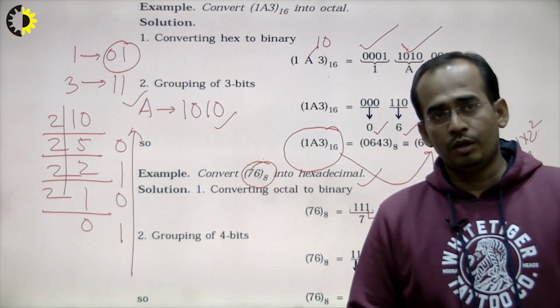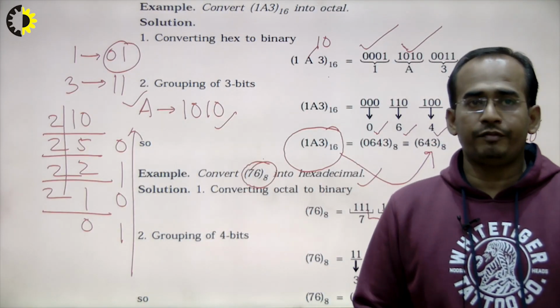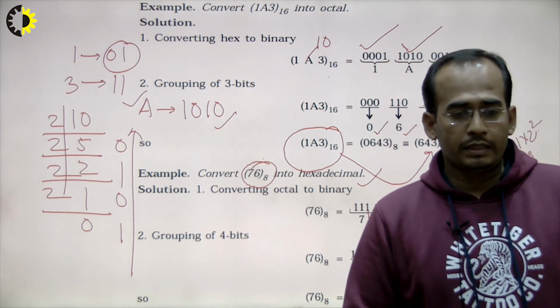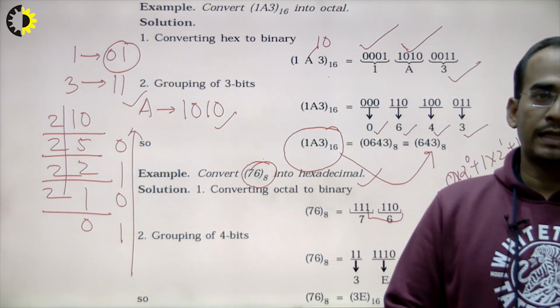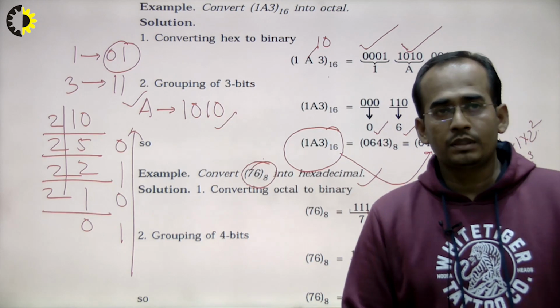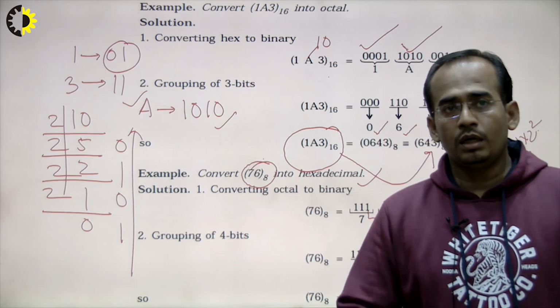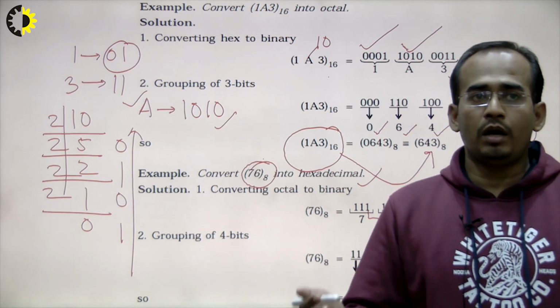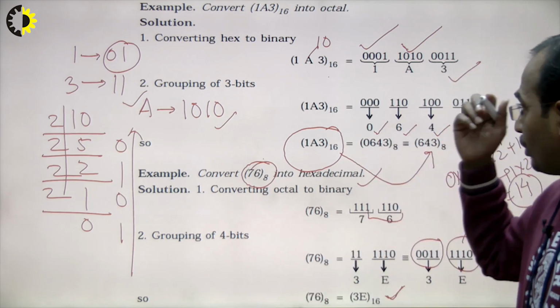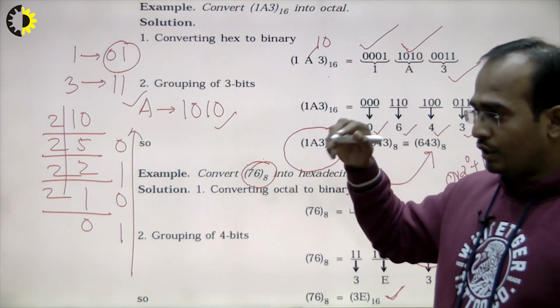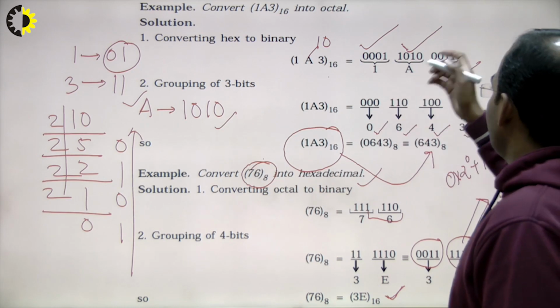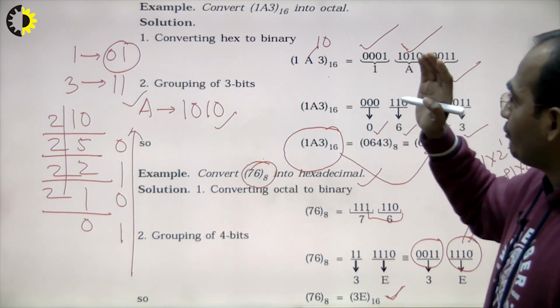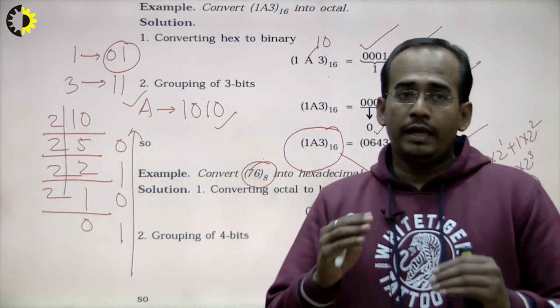So, this is all about the conversion of the octal number system, hexadecimal number system and binary number system into the decimal number system, or any base to any base. Suppose I want to convert any base number into any other base.